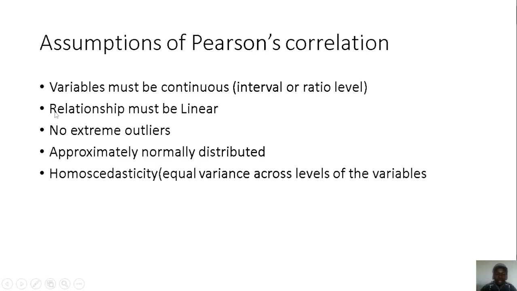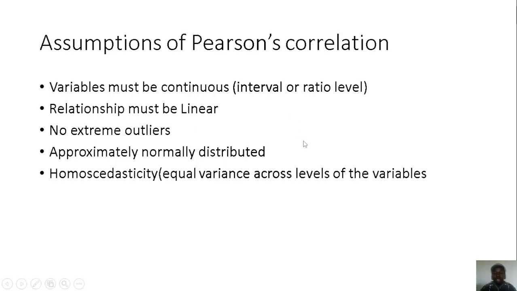And then the relationship must be linear. So that is to say that we don't have to have y related to x squared. No, that one is quadratic. So y should be nearly linearly related to x. No extreme values.